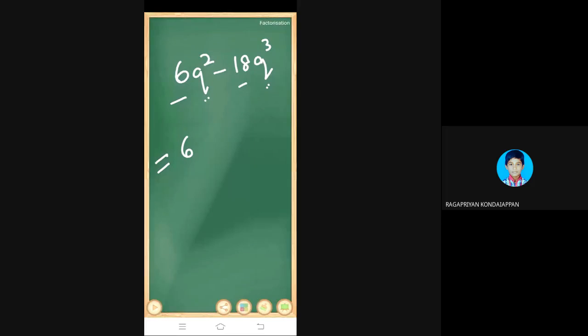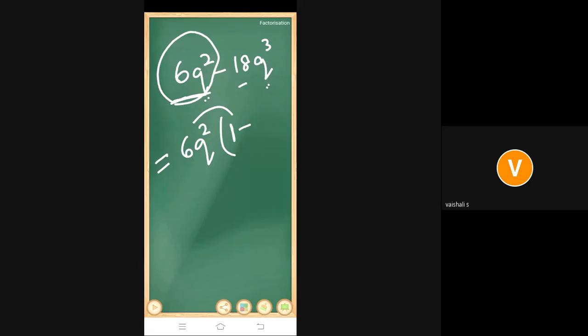Lowest power, q square. So 6q square itself went out. So which will be lying inside? 1 will be inside. If you take that whole term commonly out, then 1 is there. If you wrote 0, 0 into anything will get 0 only. If you wrote 1, 1 into 6q square will get 6q square.